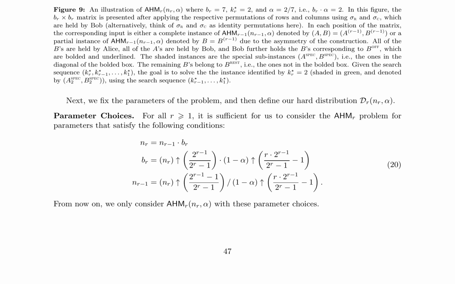These parameter choices are used throughout the discussion, and the AHM$_r$ problem is only considered with these specific parameters. Equation 20 defines the relationship between the parameters, ensuring that the problem is well defined and solvable. The parameters are chosen to satisfy the conditions, and the hard distribution $D(r, n_r, \alpha)$ is defined accordingly.